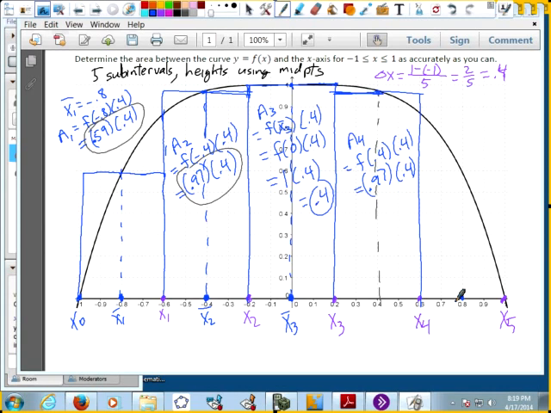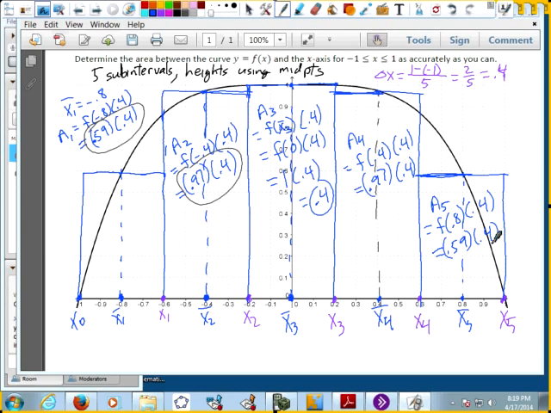And then over here, this is x4 bar, this is x5 bar, and we get a height here that I think looks about the same as over there. So A5 is f of 0.8 times 0.4. And that looks like about 0.59 times 0.4.